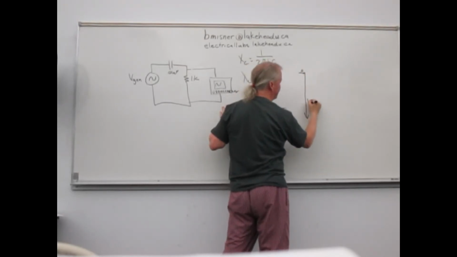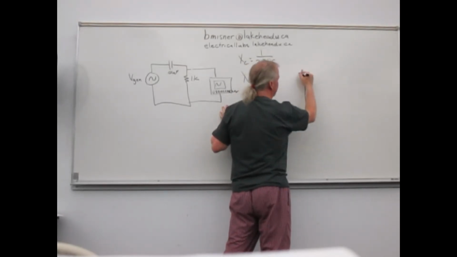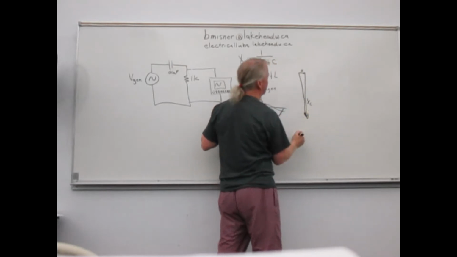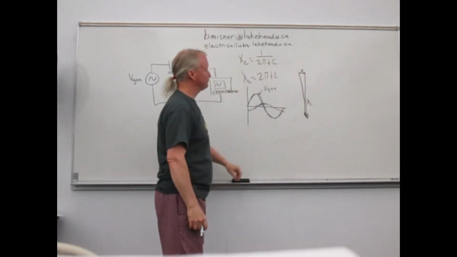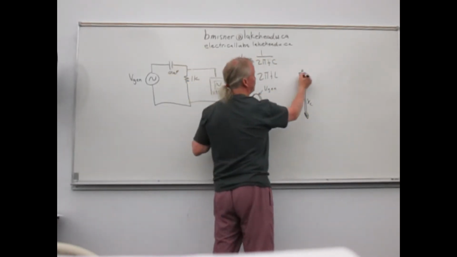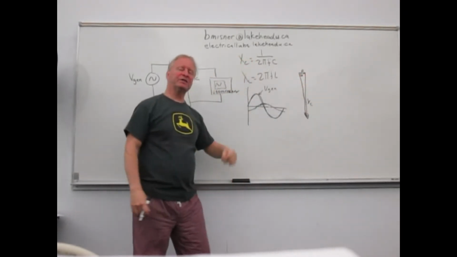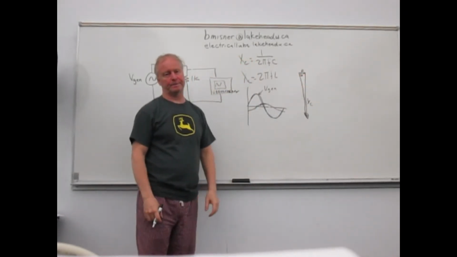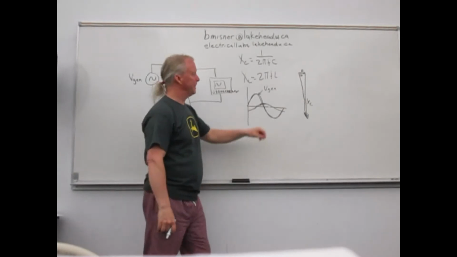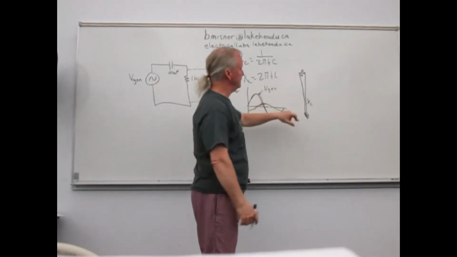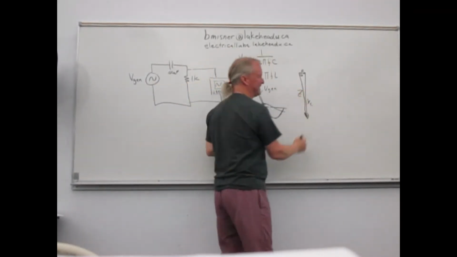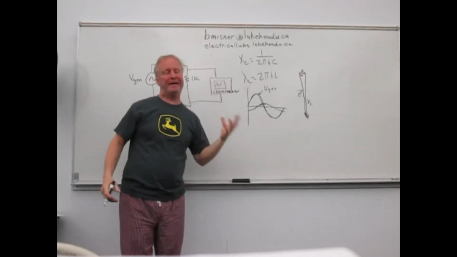XC comes way down like this. So our phase shift here is almost 90 degrees. And then what we call the resultant here, this is actually called Z. So Z is the impedance.